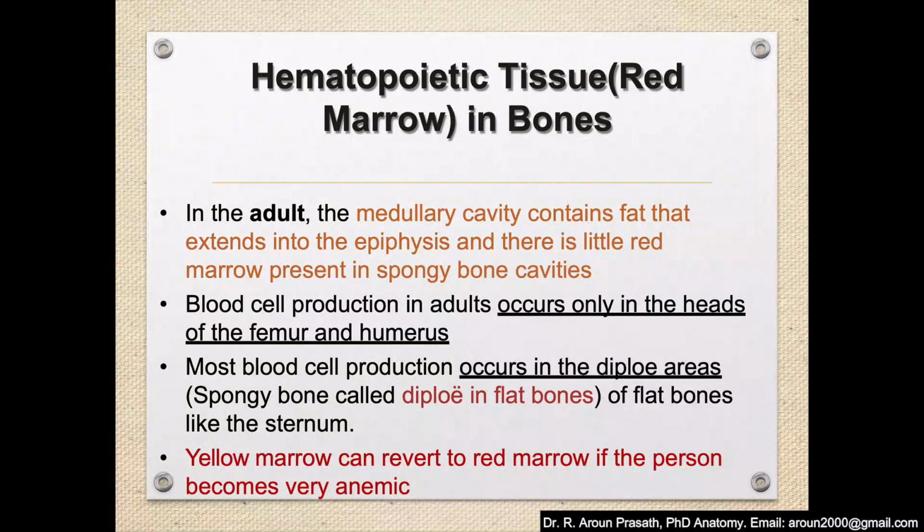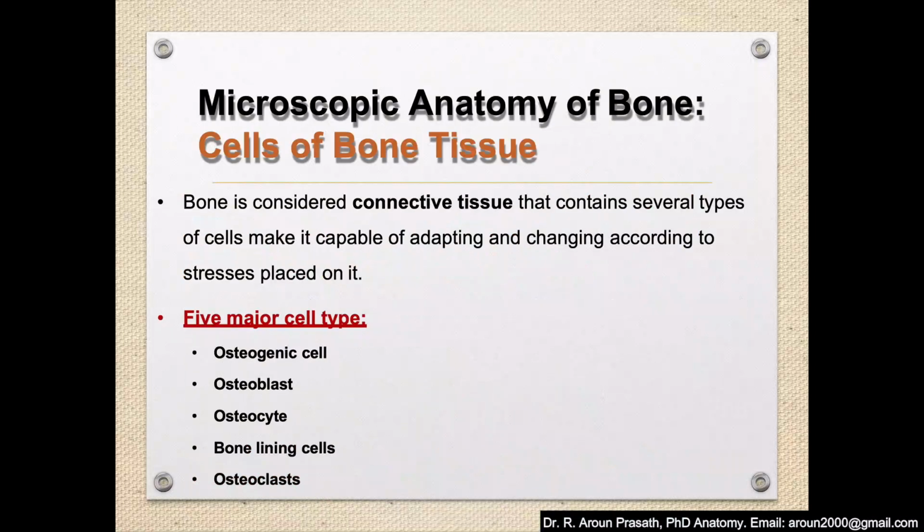As age progresses, this bone marrow is replaced with fat cells, the adipose tissue, and it changes to yellow in color. That's what we call yellow bone marrow. This is one of the aging processes in the adult.